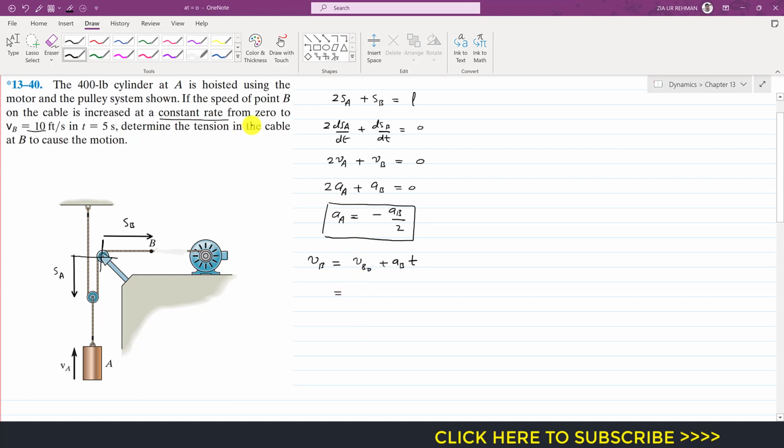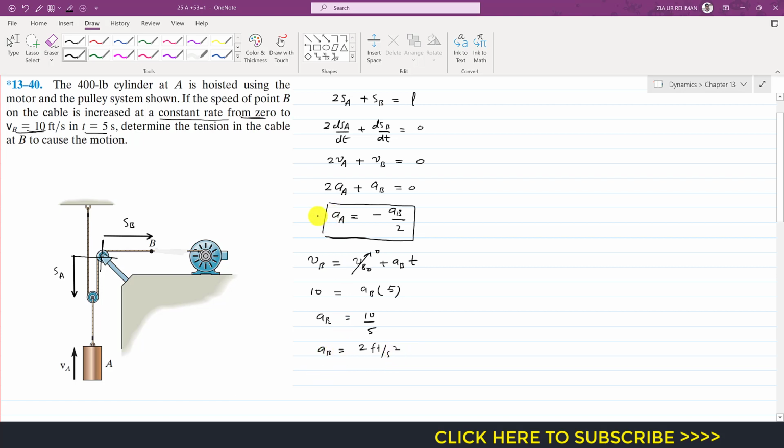VB naught is 0, since it starts from 0, and VB is 10, so 10 equals AB times t, where t is 5 seconds. So AB equals 10 divided by 5. From this we get AB equals 2 feet per second squared. This is the acceleration of point B.